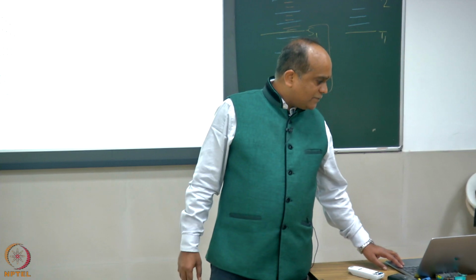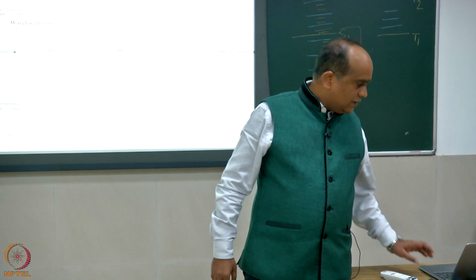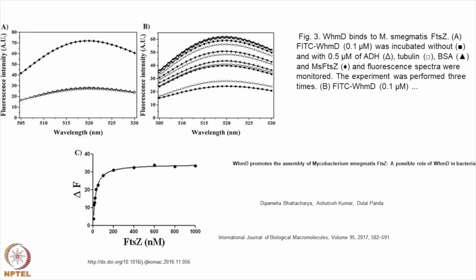There are many such experiments, like compound 12 binding at the colchicine site. So, you can find out what the KD is, how much it is binding and how it is getting dissociated. The other example that we had discussed is about tubulin.